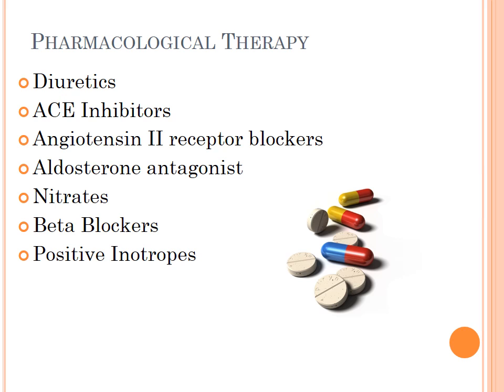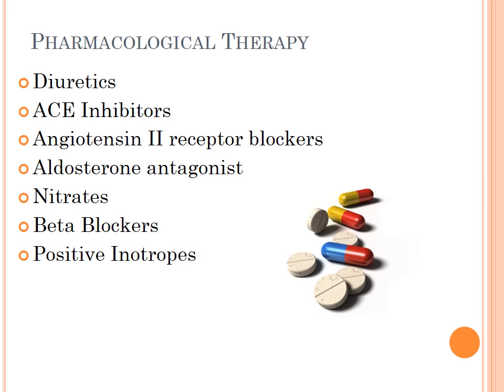Definitely sodium and potassium are my favorite, especially potassium, because my loops and my thiazides are potassium-wasting diuretics. We want to do daily weights because weight is the best indicator of fluid gain and fluid loss, and I's and O's. So think about safety stuff like that: blood pressure, electrolytes, daily weights, and I's and O's.